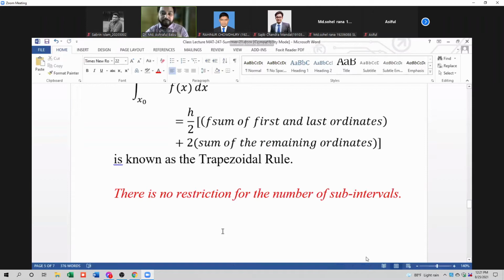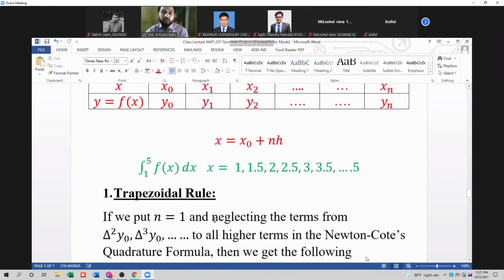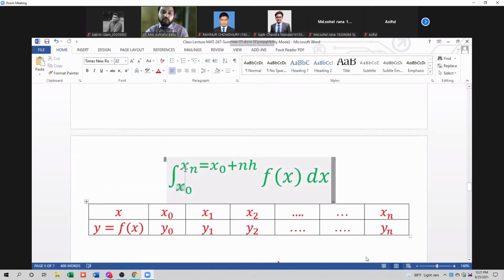That means we have an interval x0 to xn. This is our main interval, and we have to divide it into many subintervals. How many subintervals can we create? There is no restriction for the trapezoidal rule.